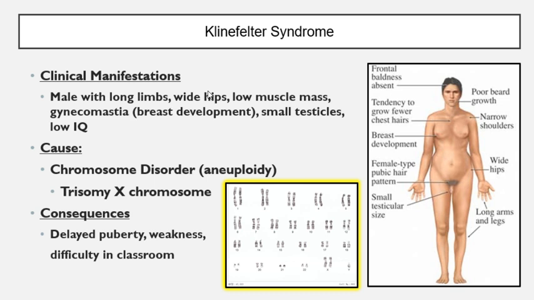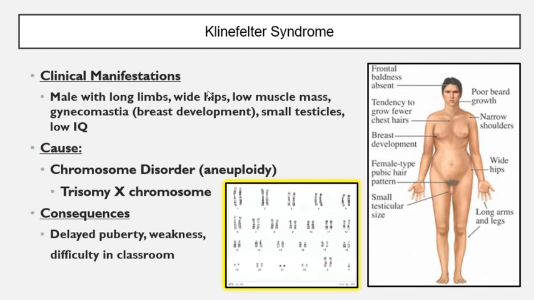But you have males with long limbs, wide hips, because you have a female type of expression of certain genes. So wide hips, low muscle mass, gynecomastia, so you develop breasts, small testicles, and lower IQs typically.